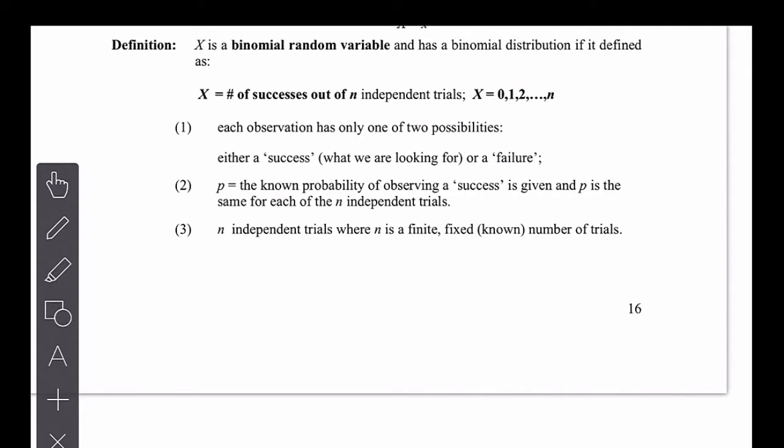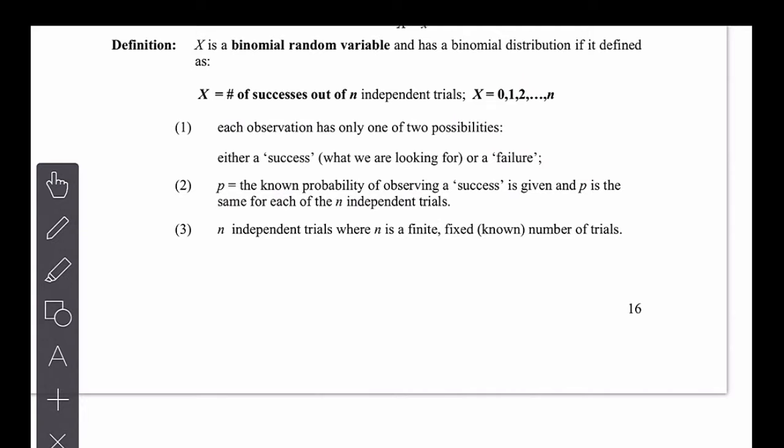And the third criterion is that there are n independent trials. In other words, we know how many times we're going to look. I'm not going to say I'm going to observe couples for the next 10 years and not tell you how many couples I'm going to look at, because those would be the trials, not the years.